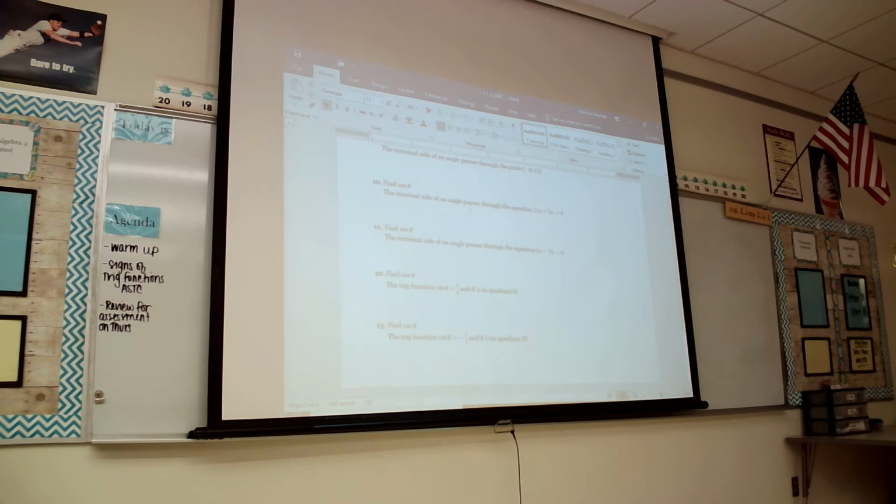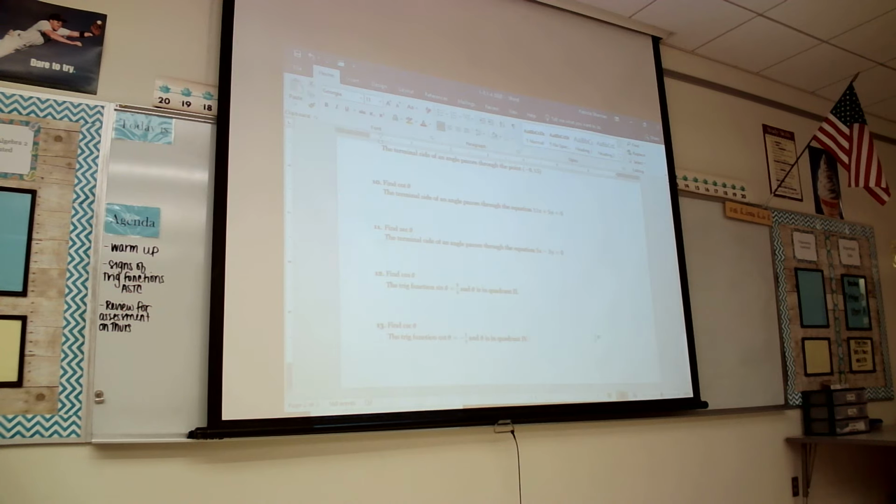And then there's two problems where you're given equations. And then there's two problems where you're given a trig function. I did add into this and what quadrant it was in. That should say is in, not I sin, sorry. Is in, okay. That's kind of a weird typo.